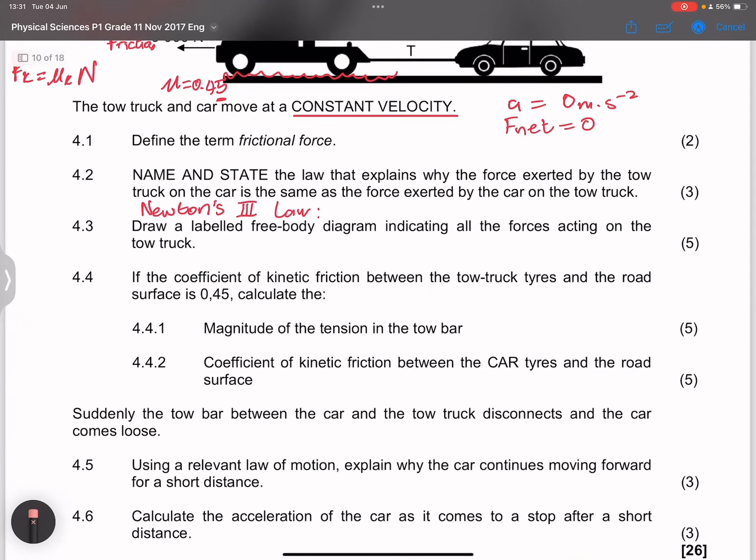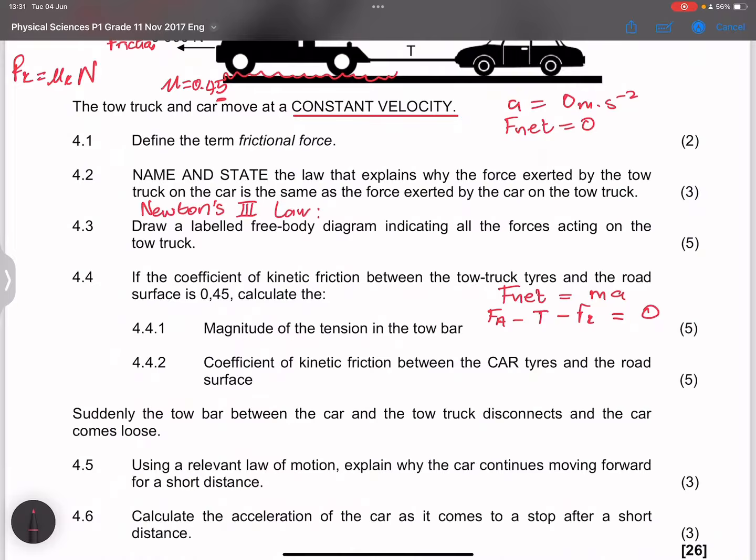So what I'm going to do there is I'm going to say, well, F net is equal to ma, but I know that acceleration is 0. So which means I'll have force applied minus the tension minus the friction, and I'm assuming that the direction of motion is positive, and this is equal to 0.